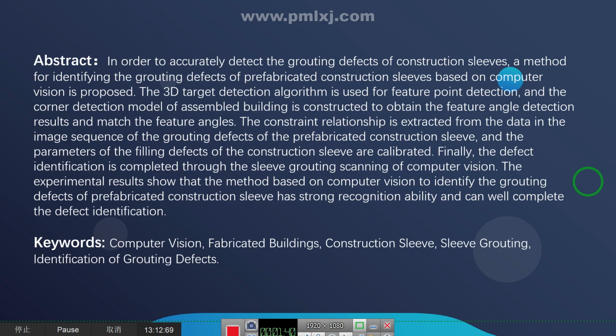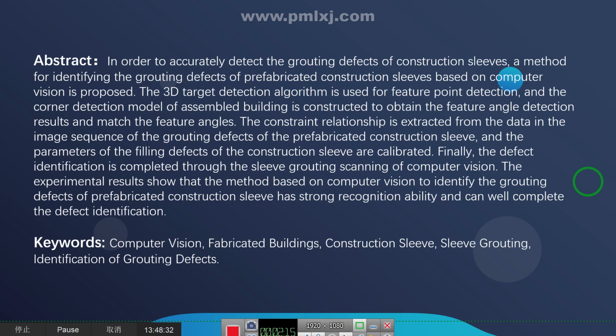Finally, the defect identification is completed through the sleeve grouting scanning of computer vision. The experimental results show that the method has strong recognition ability and can well complete the defect identification.